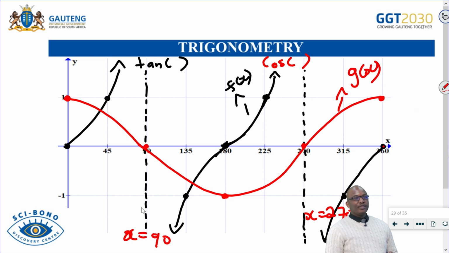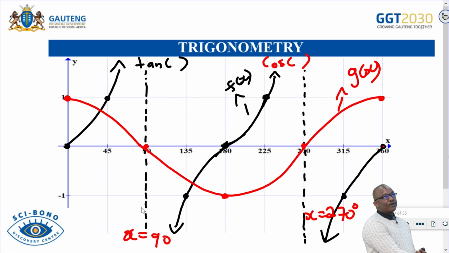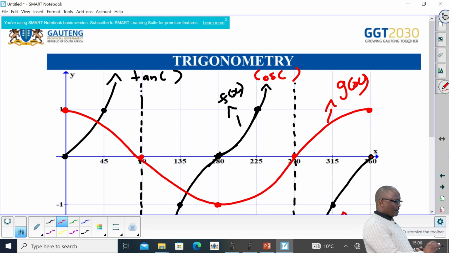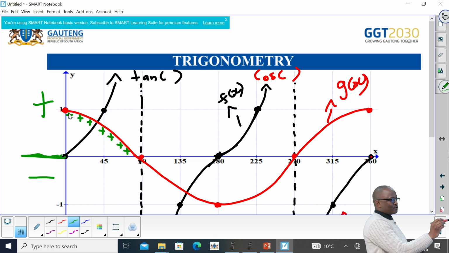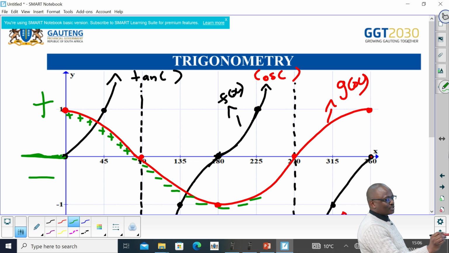So now, how do we then get the conditions here? From our graph, this is what you are going to do. Remember, y values are positive from your midline up, and this side are negative. So the minute they cross here, they are going to be negative. I'm talking about the graph of cos.